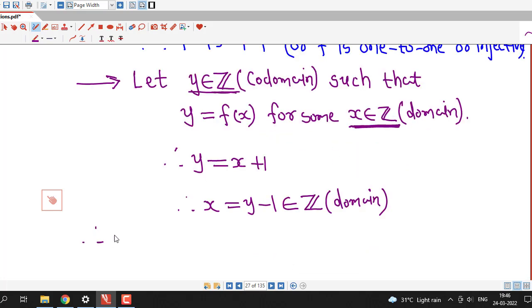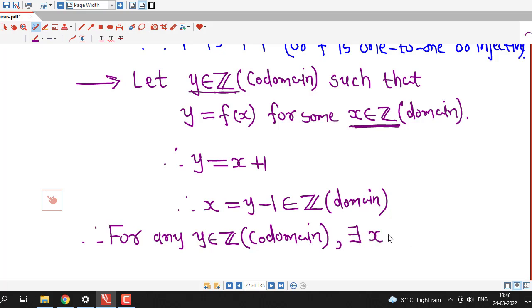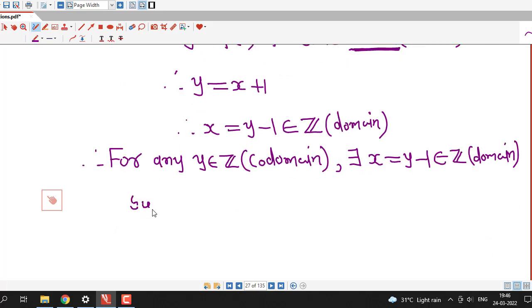So therefore we can write that for any y belonging to Z in the codomain, there exists x equal to y minus 1 in the domain such that if we find the value of f at this x, we must obtain y. f(x) equal to, x is replaced by y minus 1.